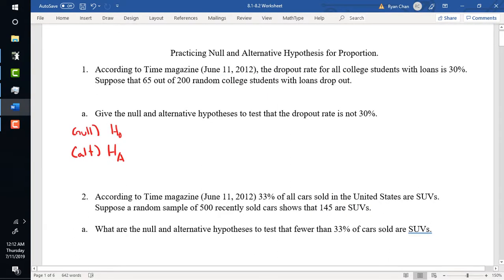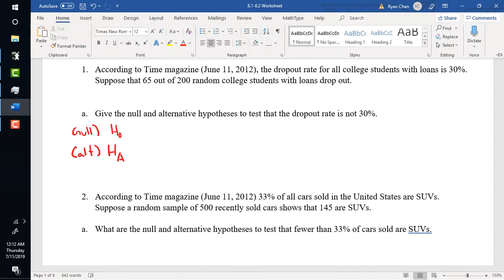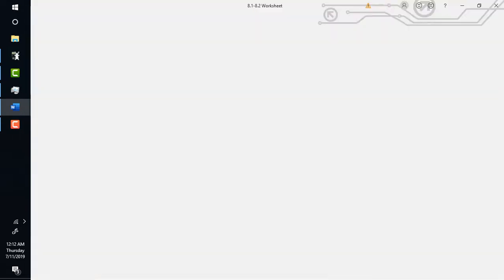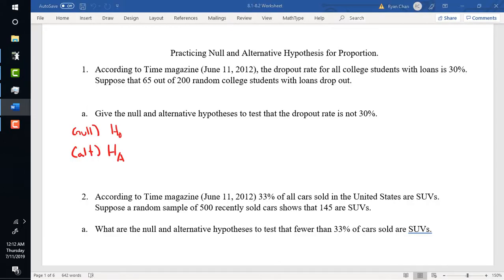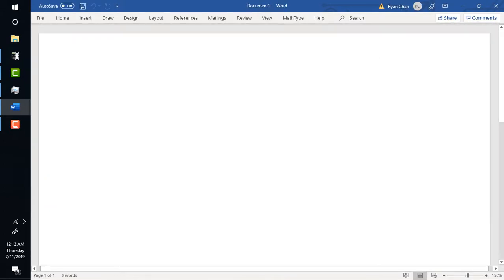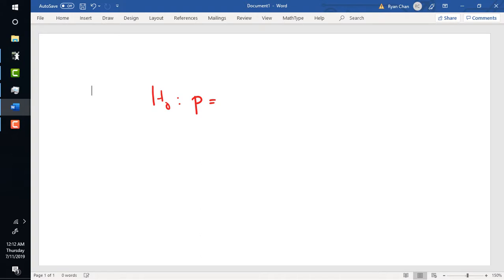One thing is, let me insert a new page. When we do the null, H null, the idea is it's always going to be P is equal to.